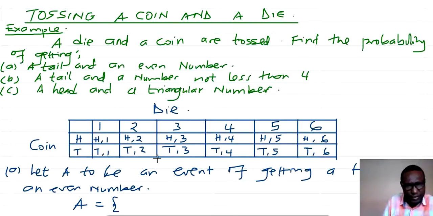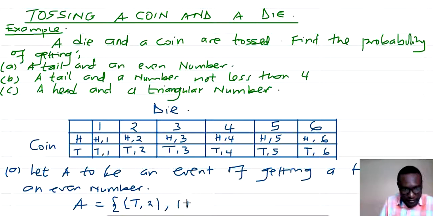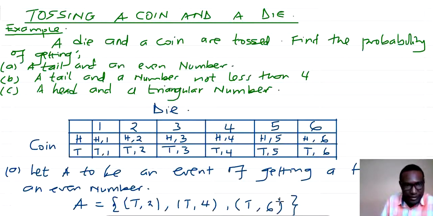We are considering mostly the tails and then we look out for even numbers. So we have tail and 2, tail and 4, tail and 6. So this is the set of a tail and an even number.